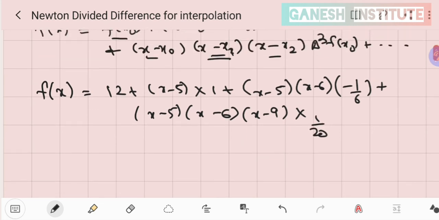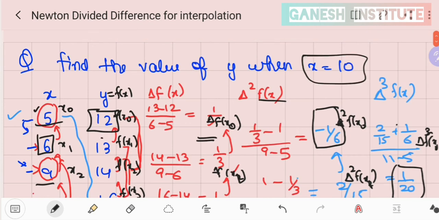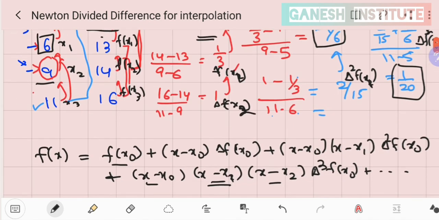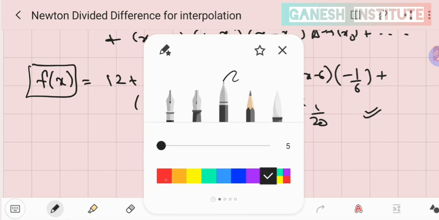Now solve all these values. If the question would ask you to find the polynomial, then if you solve this fx for x, it would be your polynomial, right? But the question is asking you to find the value at x equals 10. So just substitute the value of x as 10 here, right?